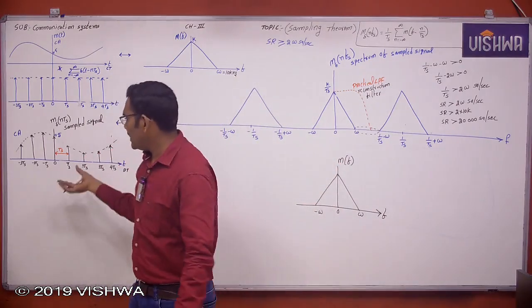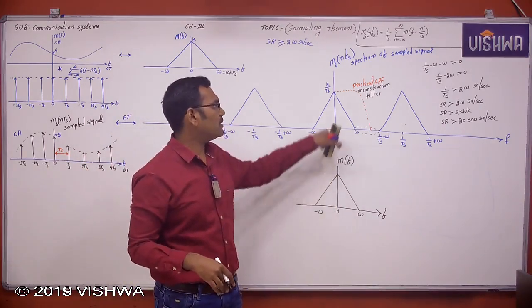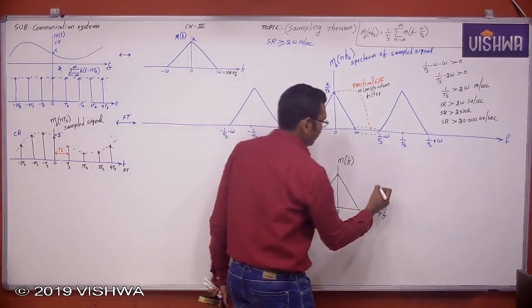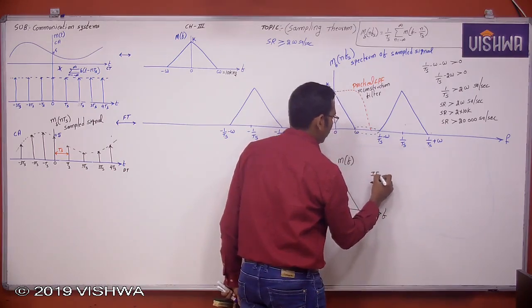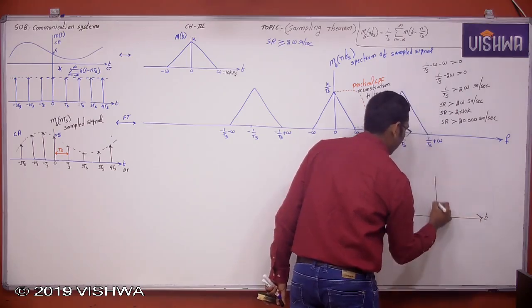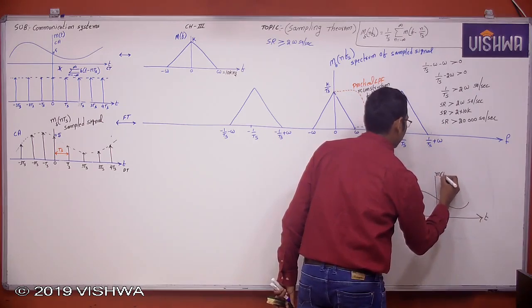Therefore, once these samples are available, you can get back your original message signal just by using a reconstruction filter or a low pass filter. If you want it in the time domain, apply the inverse Fourier transform, and you get your original message signal, which is a continuous wave signal in the time domain.